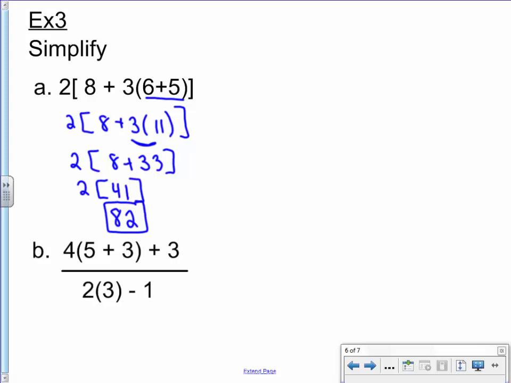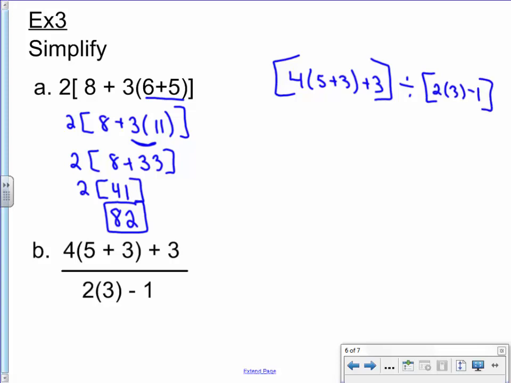I'm going to rewrite it a little bit differently, because some people will do the division thing before we do some of the stuff on top. So when I rewrite it, it's everything on top is in brackets, divided by everything on the bottom inside the brackets. That means I couldn't do 4 divided by 2 right away.